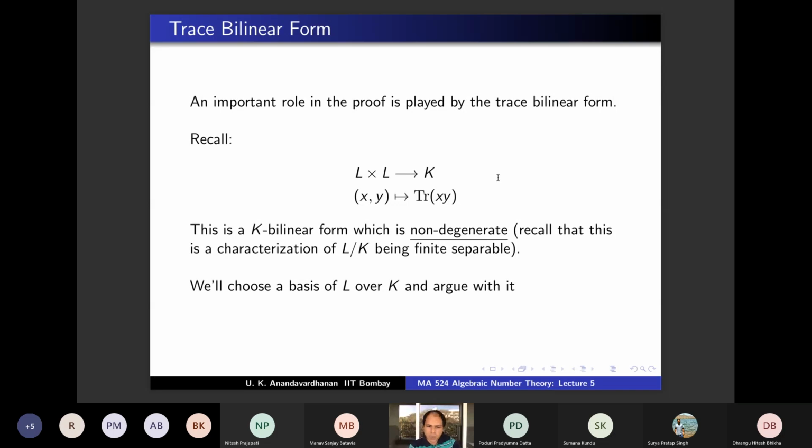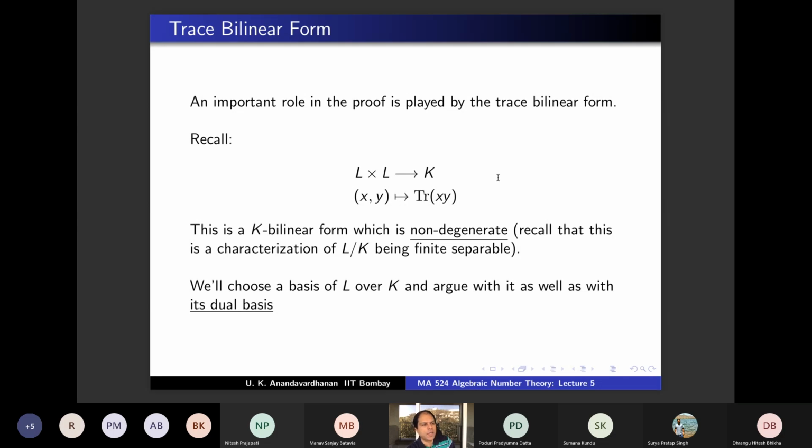In this case, I'm going to define it like that. We'll choose a basis of L over K and argue with it and the dual basis. This is a nice enough situation. I can define the dual basis to be what I'm defining. If we need to bother, the question is whether the dual basis exists or not.